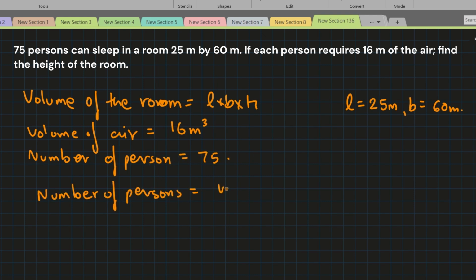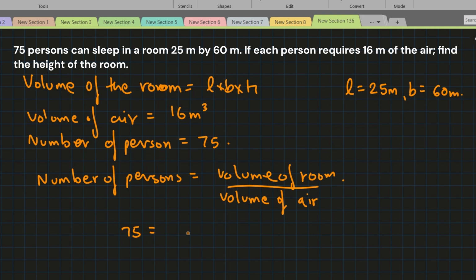We'll find number of persons is equal to volume of room upon volume of air. So we substitute the values. We write 75 equal to volume of room, which is length into breadth into height, upon volume of air, which is given as 16.